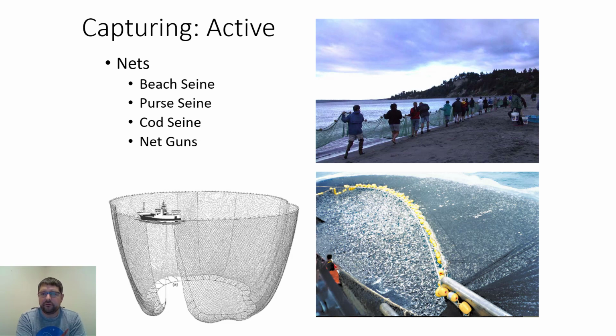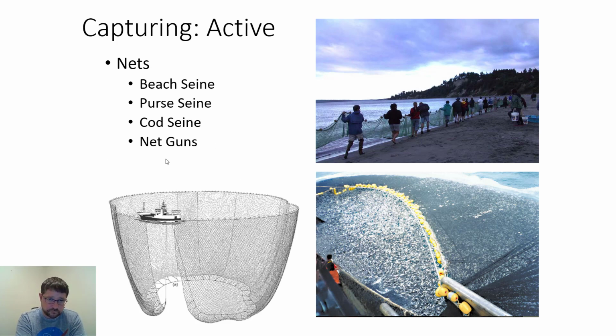Now, again, because this is a longer method than, say, a beach seine or even a purse seine, some of the bycatch will die. Some will live, but again, you're sampling the entire water column. This is an active technique that is not species specific.